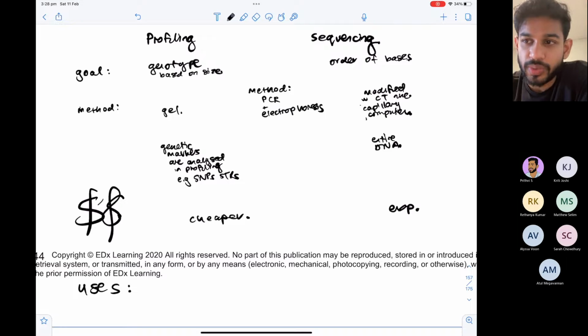What are the use cases of sequencing, Atul? When do we use it? Okay, maybe your mic doesn't work still. What are the uses of sequencing?